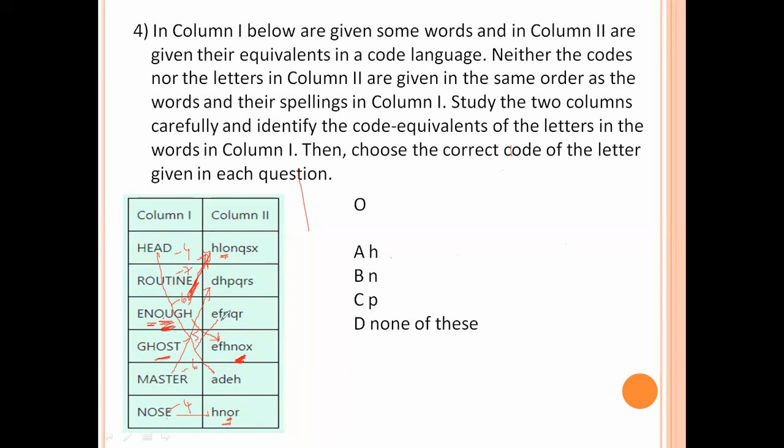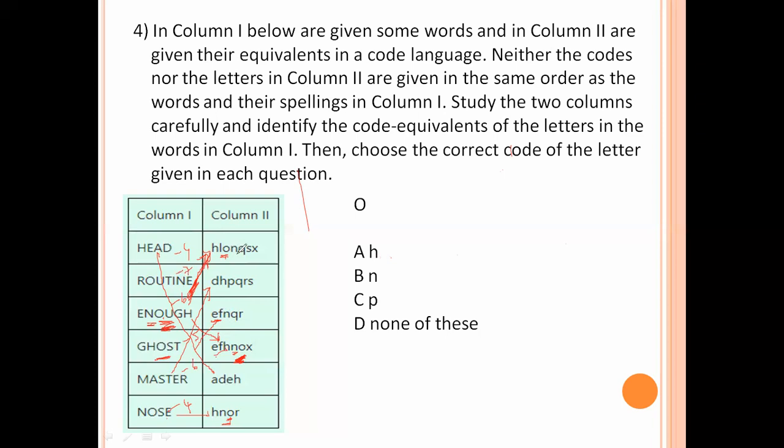So F is common. NF is EFHNOX. Ghost is EFNQR. EFN. O, EN, O. So H is also common. So EFH, EFN common.